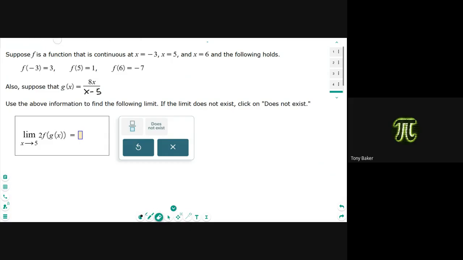All right, so let's look at this one. So we're going to start on the inside. So I'm looking for the limit as x goes to 5 of 8x over x minus 5.